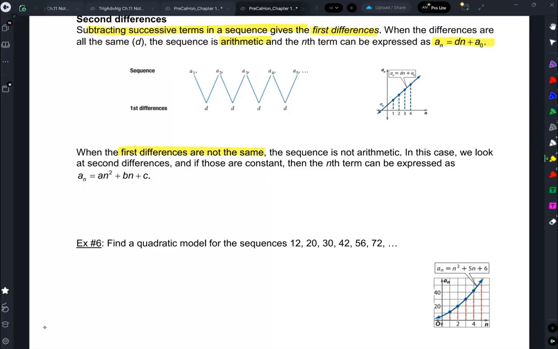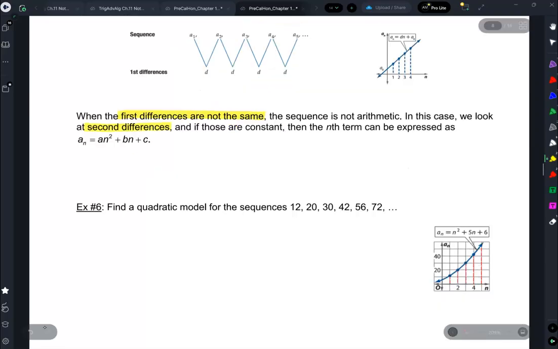However, we can take a look at second differences. And guess what? When the second differences are the same, it turns out to be not a linear function, but a quadratic function. How flippin' cool is that? Math is all related, right? So like the levels and the degrees are all related.